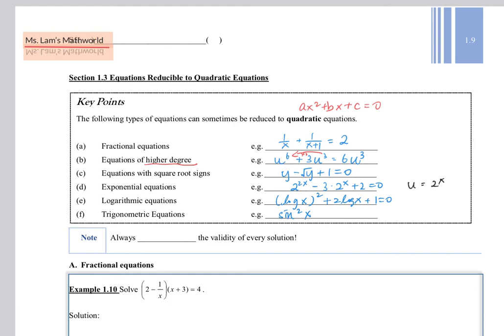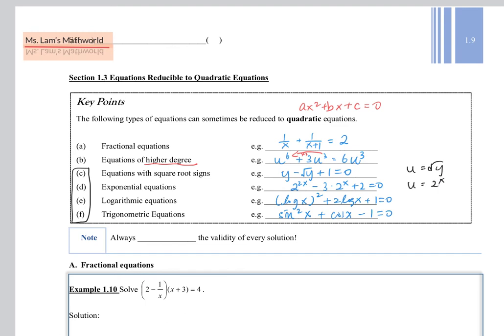Sine squared x plus cosine x minus 1 is equal to 0. Is that right? So for C to F, you will be able to use the substitution to reduce them into the quadratic equation.